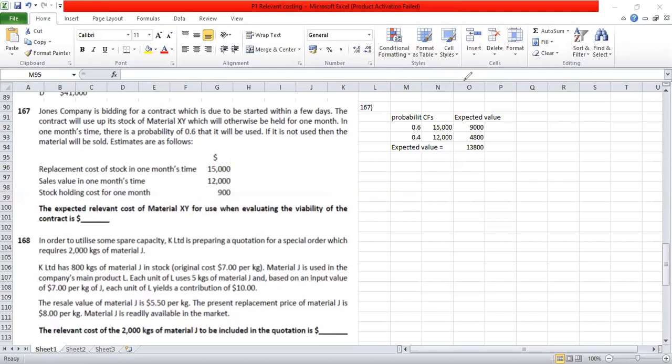It is not only about this option, but the other alternative where the material is lying there in the stores department, and they will have to incur this 900 cost. Stock holding cost of 1 month is 900.